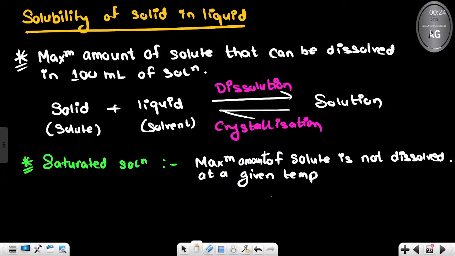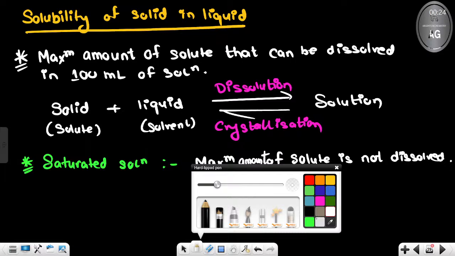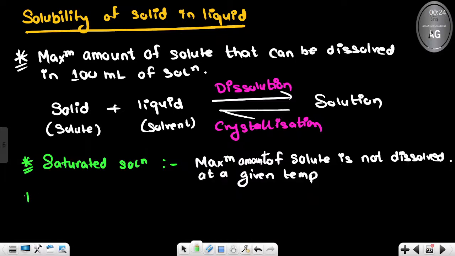Similarly, this is an unsaturated solution. This one was unsaturated, so saturated I will talk about later on. Now let's talk about saturated.